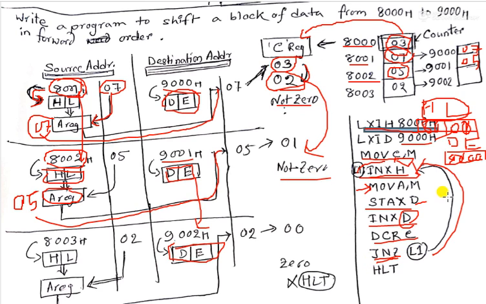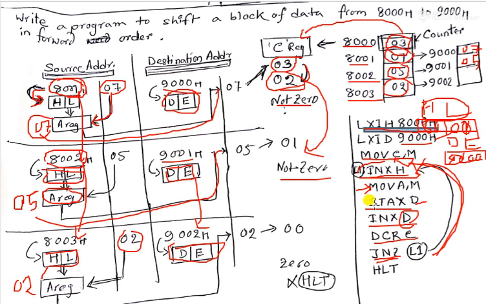Then it goes to INX H. So 8002 to 8003, and the 8003 content is 02, which is moved to the accumulator.